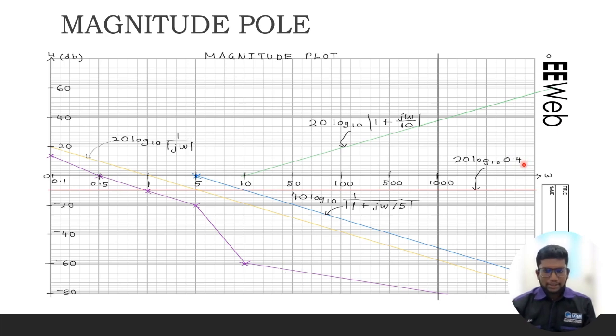Next, the simple zero is 10. This is the simple zero I get. So I just plot to here. This is my simple zero, where I get 0 and 20 log |1 + jω over 10|.